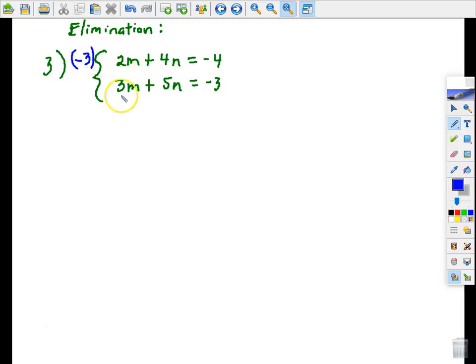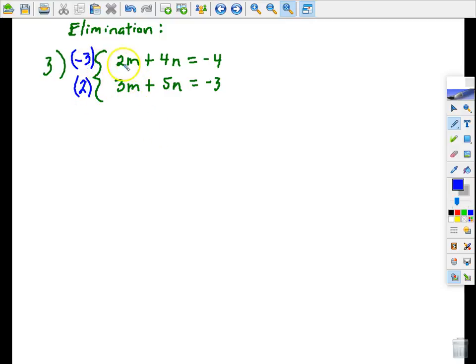So negative 3 times 2 is negative 6m. So if I want to create the opposite term so that when I add these together I get 0, that means I'm going to multiply the bottom equation by positive 2. Because 2 times 3 is positive 6m.